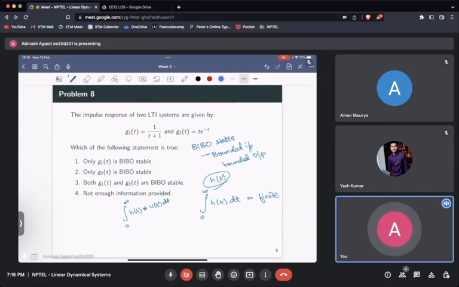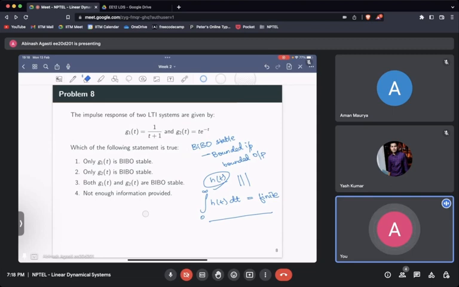You can find this result in any standard control systems textbook, Norman Nise for example, showing that bounded input, bounded output stability is equivalent to this condition. That is, if the integral of the impulse response from 0 to infinity is finite, then the system will have to be BIBO stable.